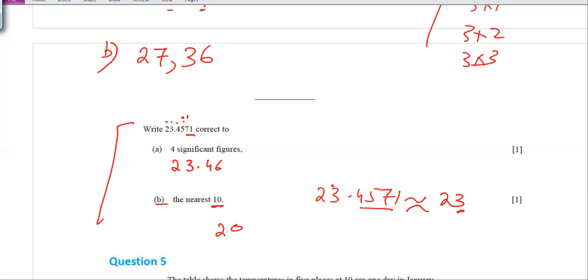Nearest 10 means it will not have any decimal part. If it has a decimal part, then it will not be the nearest 10. That is why you must first round to the whole number. Hopefully everybody got this point. Clear?